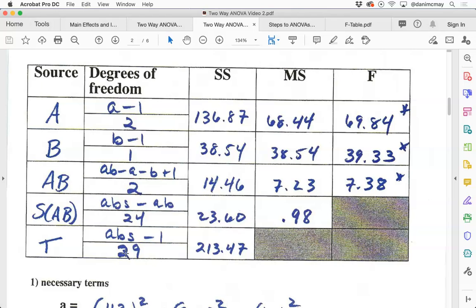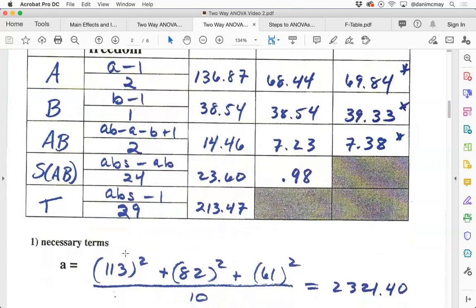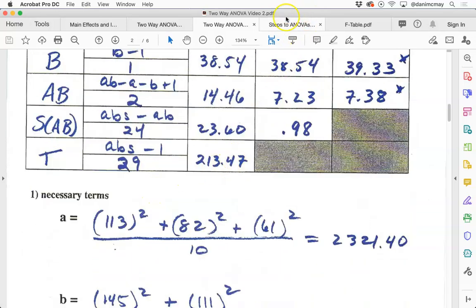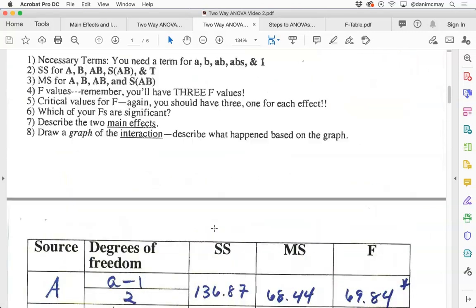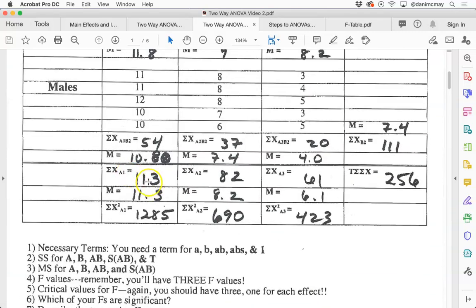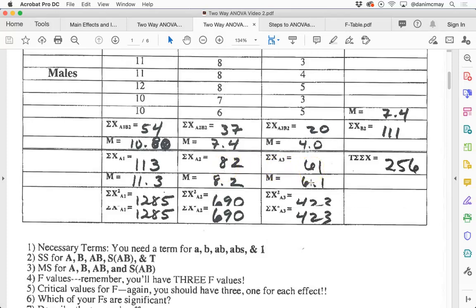So the next thing we need to do is get our necessary terms. And according to this sheet, we do the same thing. It's all of the individual sum of x's in each level of A squared and divided by the total number in that level of A. So you go here and this is for the total of each level of A: 113 for the 5 minutes, 82 for the 10 minutes, and 61 for the 15 minutes.